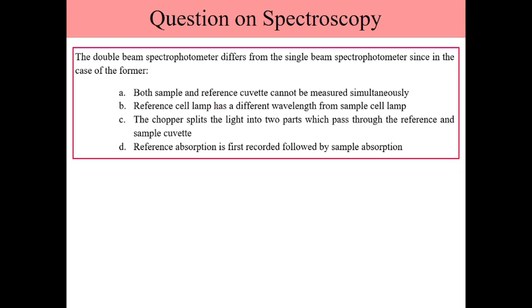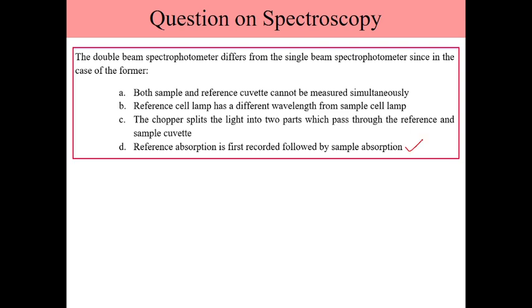Reference cell lamp has a different wavelength from the single sample cell lamp. This cannot be true. The chopper splits the light into two parts which pass through the reference and the sample cuvette. Reference absorption is first recorded followed by the sample absorption.